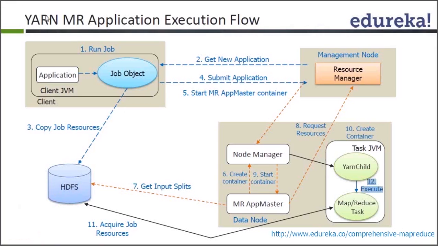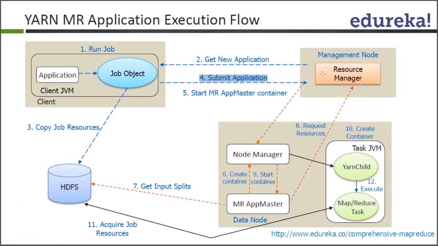This is the complete end-to-end flow, guys. The client requests a job. Step number 1, I'm repeating the whole thing once again. It will talk to the name node for getting the job ID. The job ID will come back to the client. Client in step number 3 will copy the XML file and the jar file to HDFS.